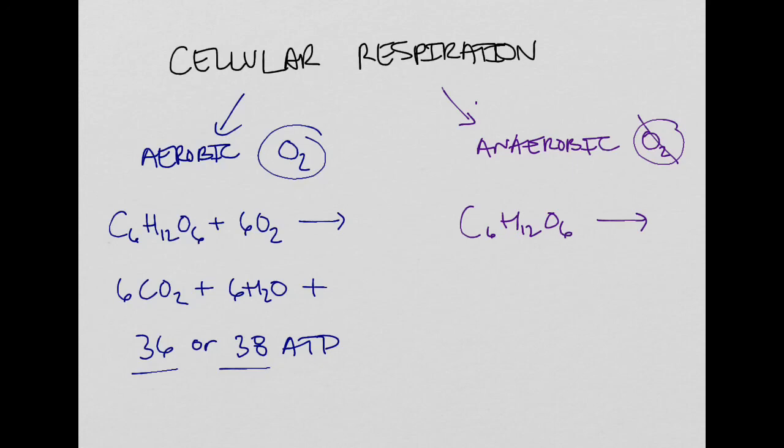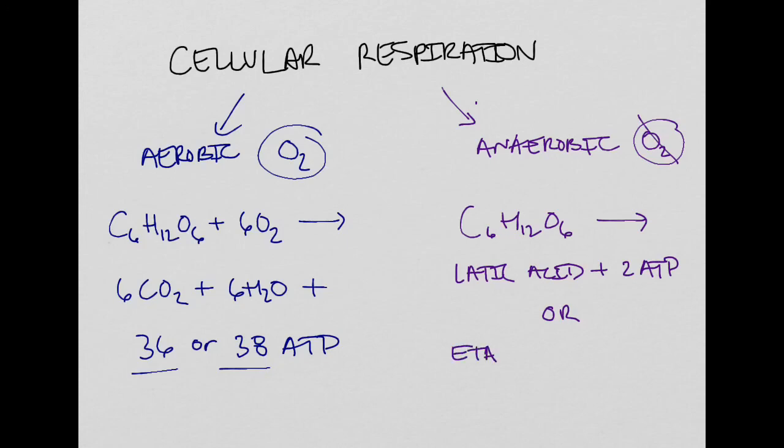One thing you can get out is lactic acid and 2 ATP. This is the type of anaerobic respiration humans undergo, lactic acid fermentation. The other kind of anaerobic respiration is alcoholic fermentation, and the output of that is ethanol.